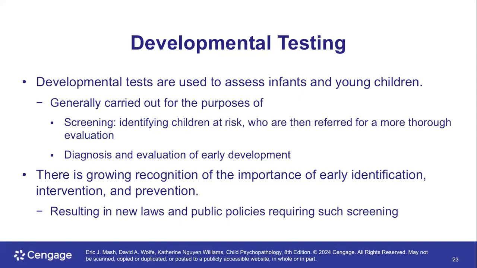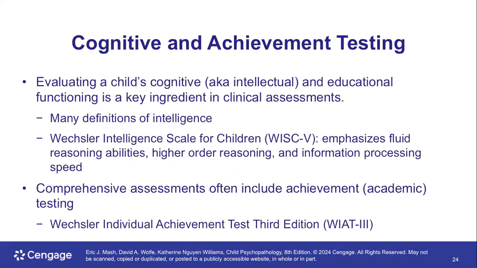As a function of that, laws have been passed and there are current public policies that require these screenings. I mentioned the American Academy of Pediatrics and autism spectrum because those are the guidelines that they put forth, which inform public policy.